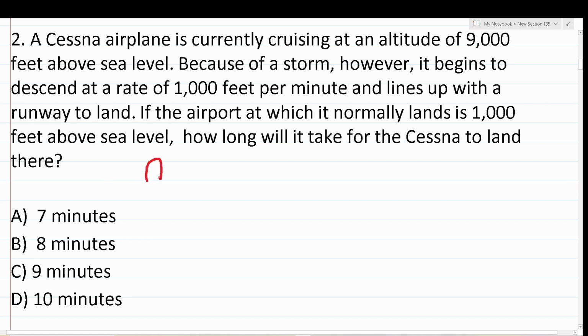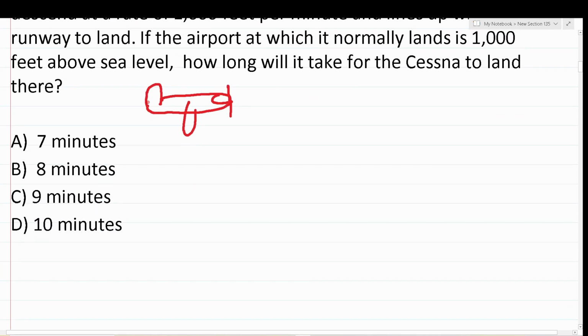So we have a Cessna, which is a very small plane, flying along at an altitude of 9,000 feet above sea level. Well, what does this above sea level mean? It literally means the distance the plane is above the sea. So let's say this is the ocean down here.